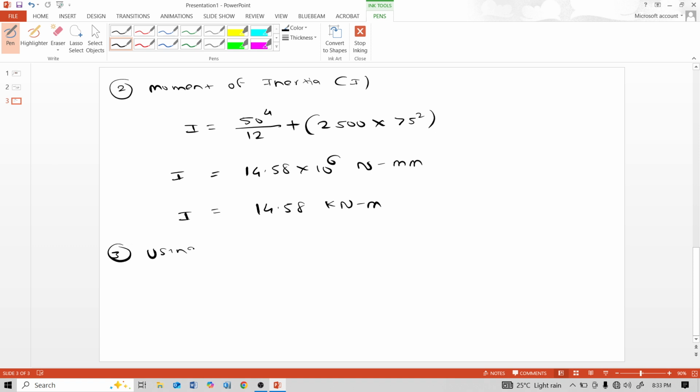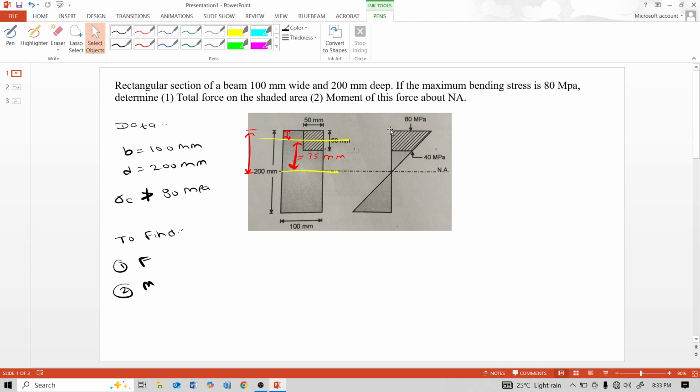Now using the flexure formula, M by I is equal to sigma by y. M is equal to sigma by y into I. This maximum sigma is 80 MPa and y is 100 mm.